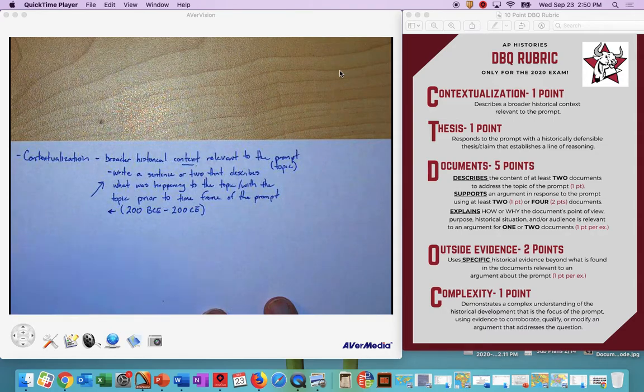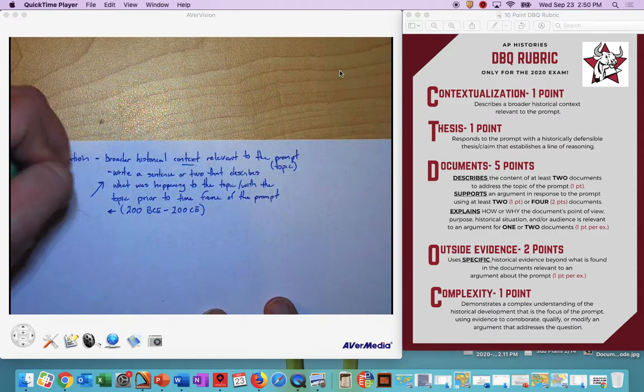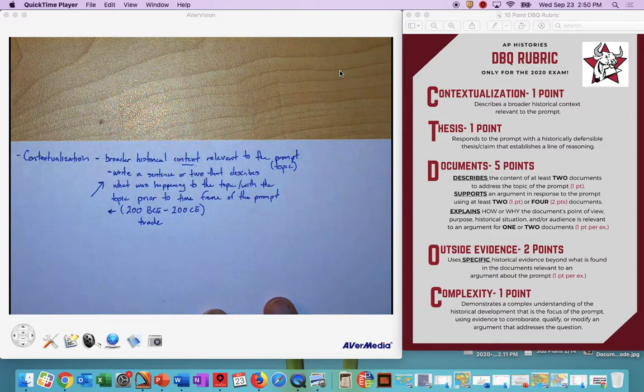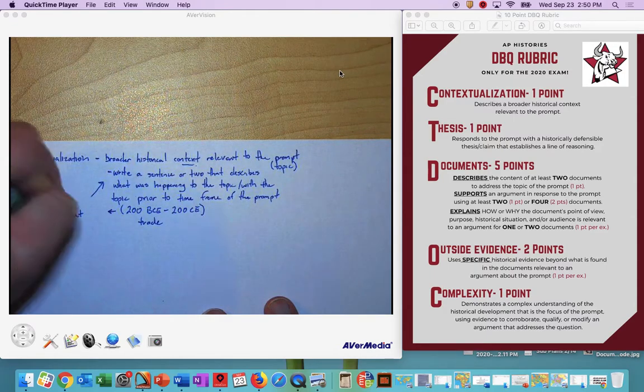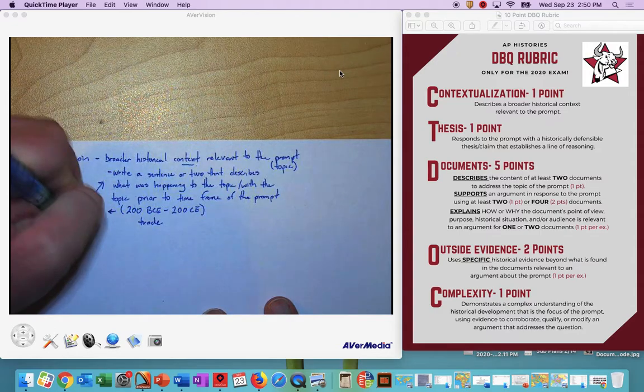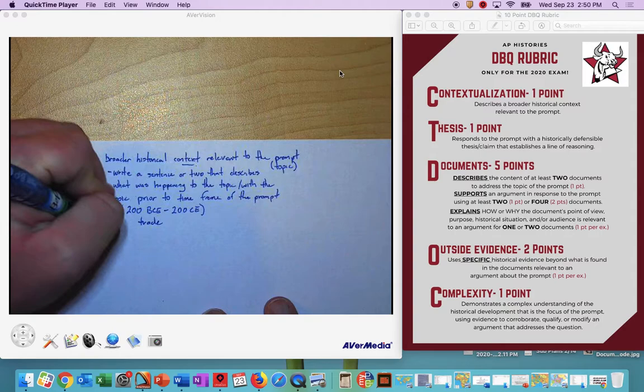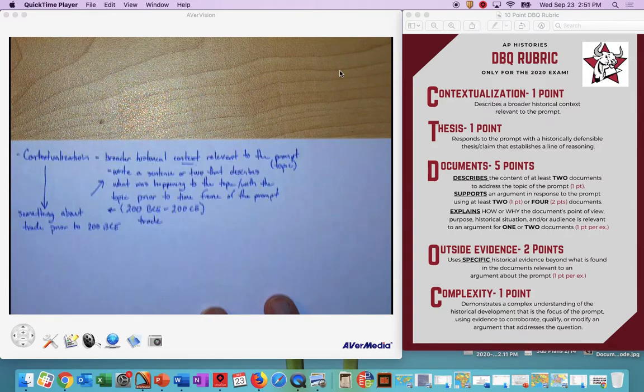So let's say the topic of the prompt is about trade. You would want to say something about trade. So for us, the contextualization would be something about trade prior to 200 BC.